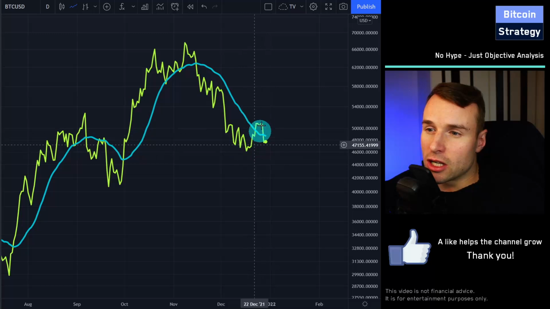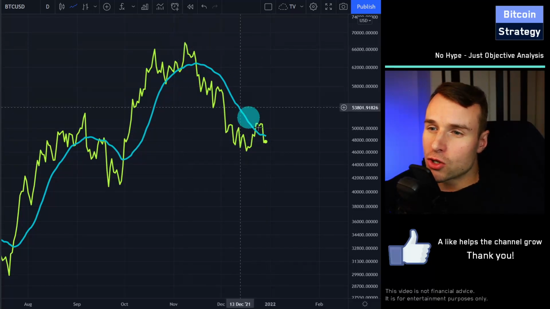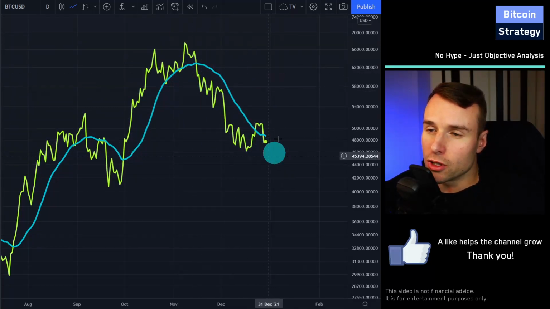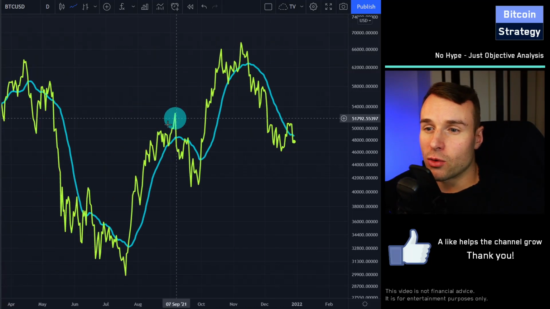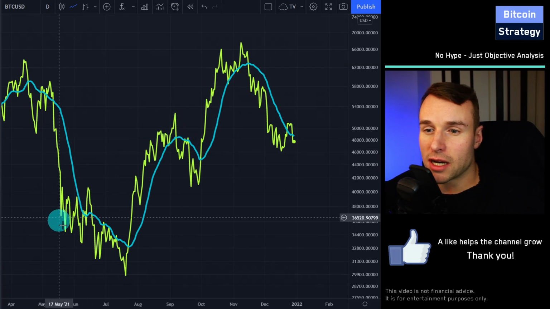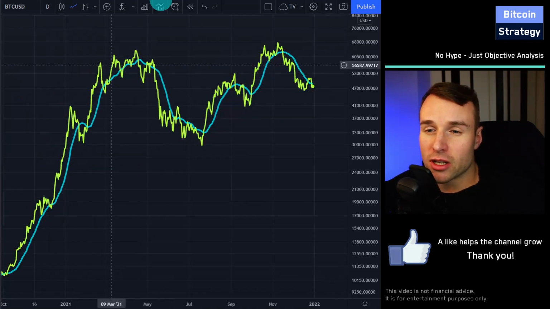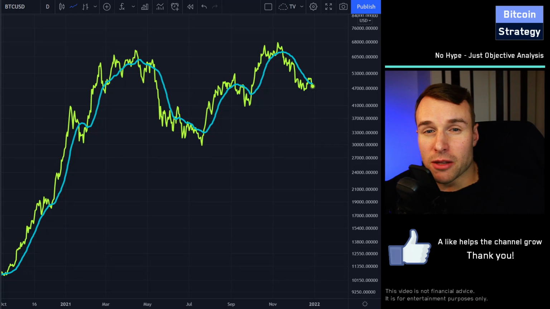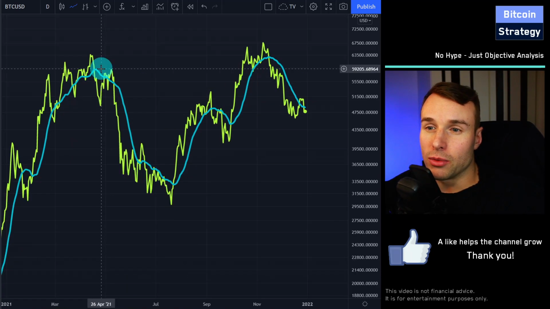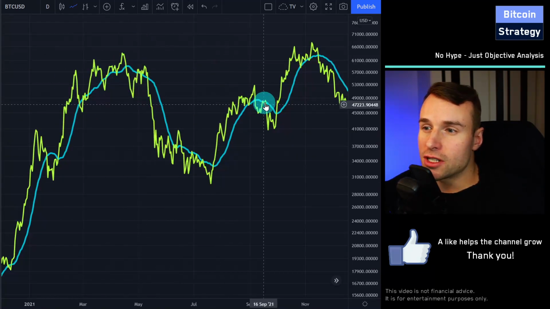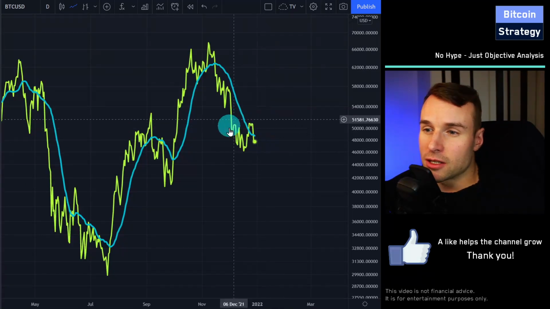We went shortly above it. Now we are again below. Short term, it doesn't look too bullish for Bitcoin. But of course, this approach isn't perfect either, right? We had quite a bit of wrong signals here in the past as well. This is simply what worked the best if we run the back test, but the best doesn't mean perfect, right? We do have potentially some noise here, and this might just be some more noise.